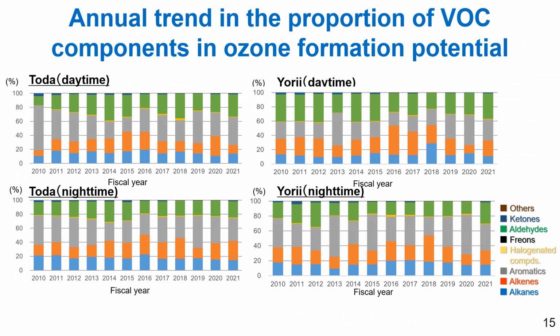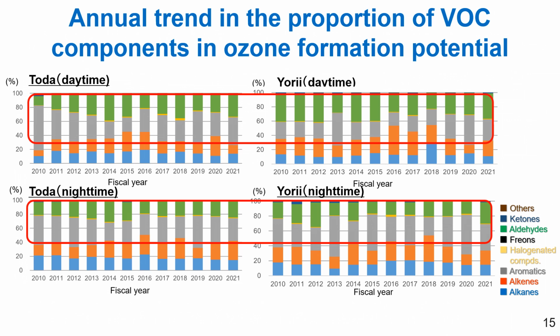In both cases, the upper graphs represent daytime data, and the lower graphs represent nighttime data. It is evident that the contributions of aromatic hydrocarbons, shown in gray, and aldehydes, shown in green, are significant for both Toda and Yori.